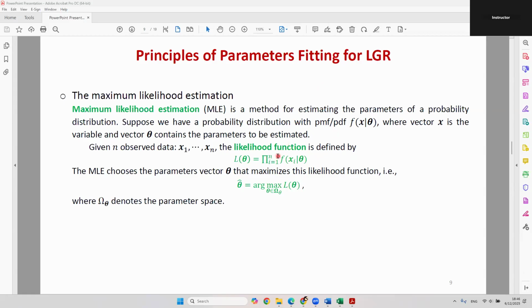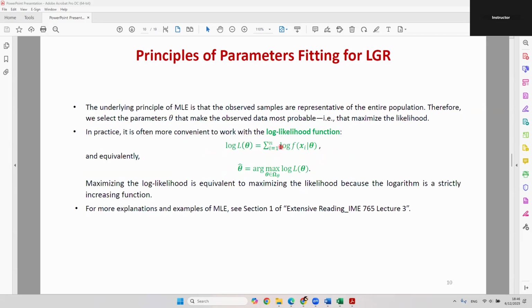Suppose I have a lot of training data; if you brutally compute the multiplication, it can make the final likelihood value close to 0, like 0.0000 with many, many zeros. It's not good. Hence, with a similar idea, we take the logarithm again, because the logarithm is a strictly increasing function. So maximizing the log likelihood is equivalent to maximizing the likelihood.